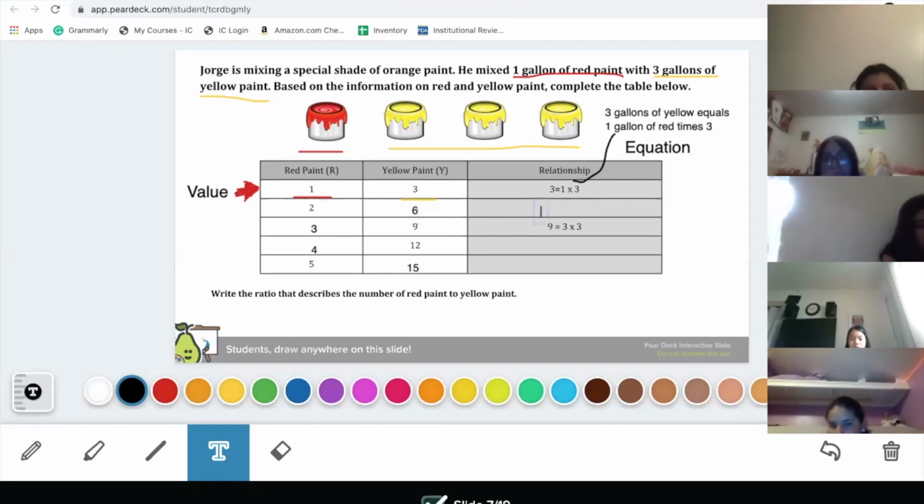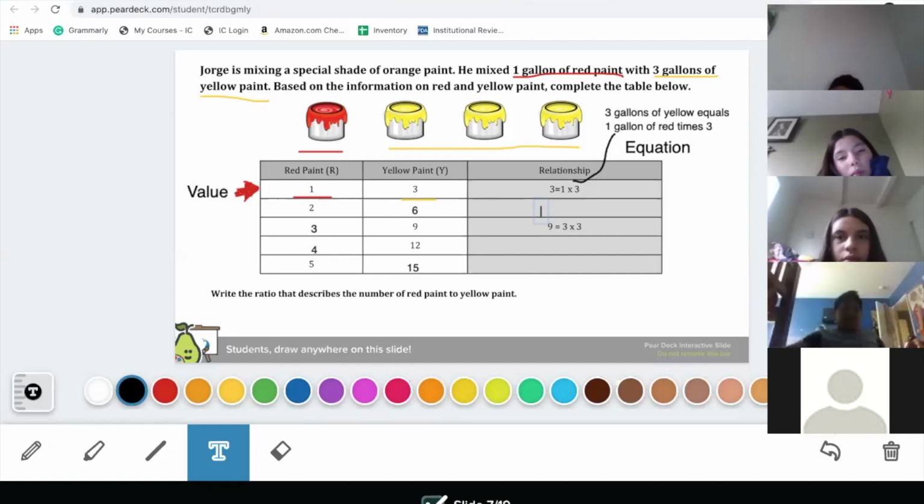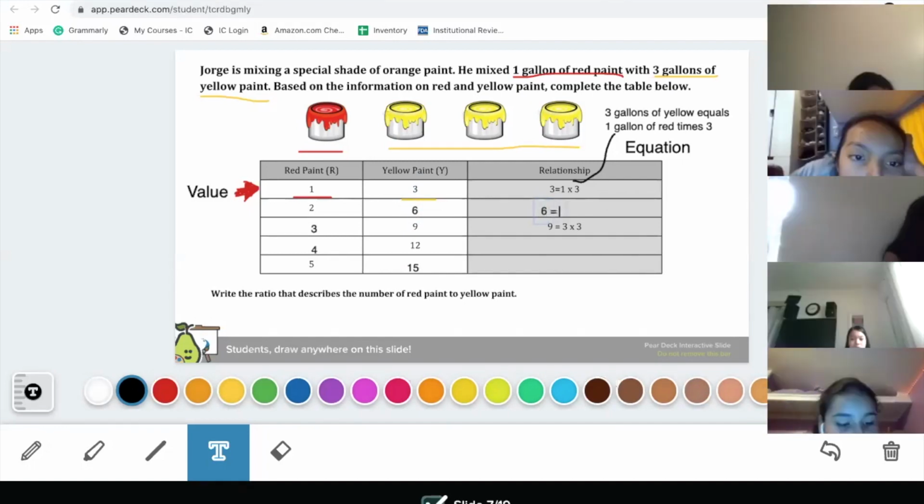So Casey, how many gallons of yellow should I put first? 6. 6 gallons of yellow. And can you say it in words what I'm going to write? 6 gallons of yellow equals 2 gallons of red paint.